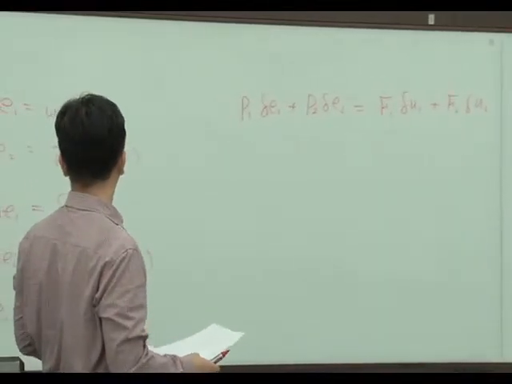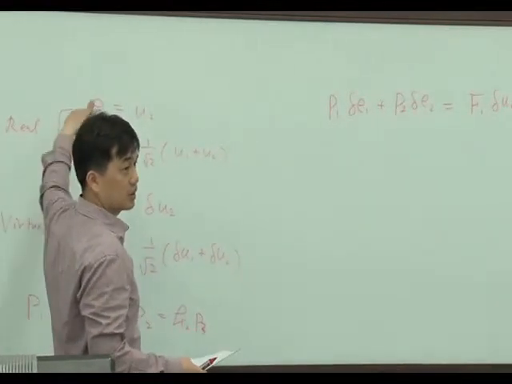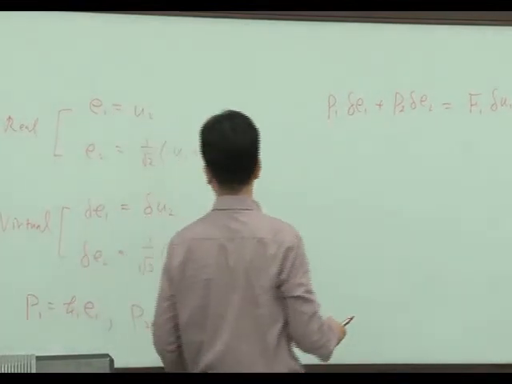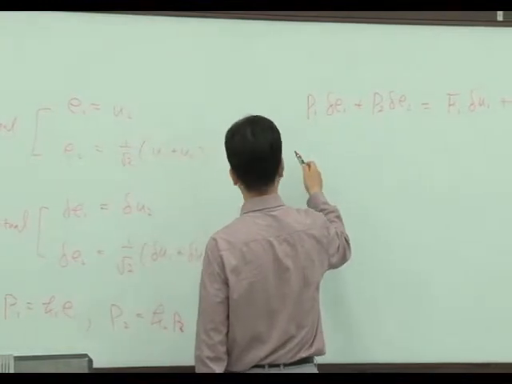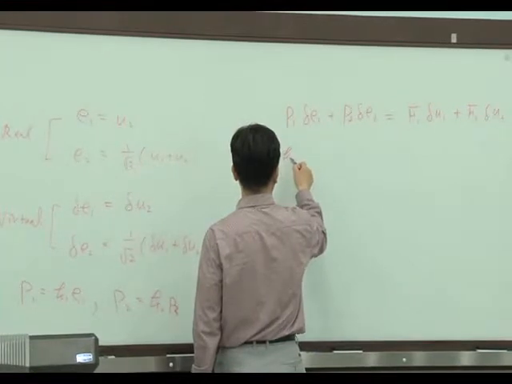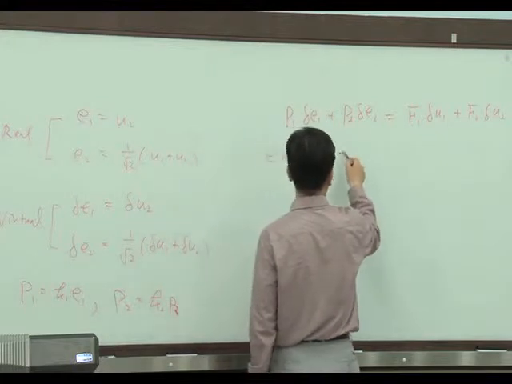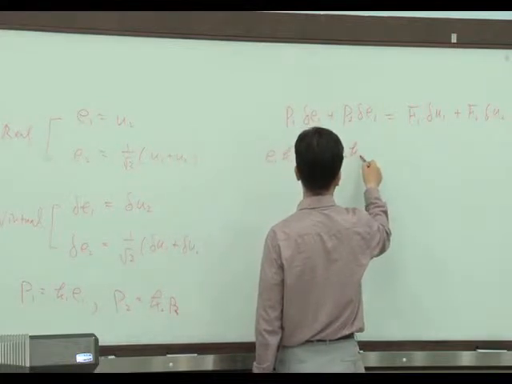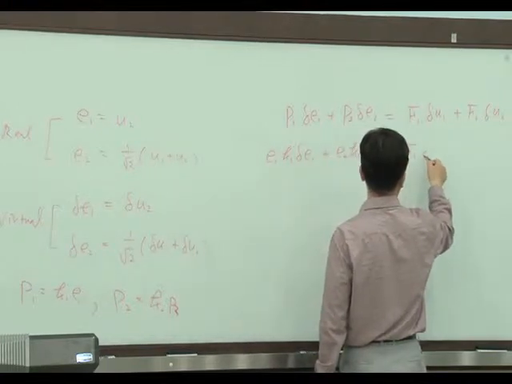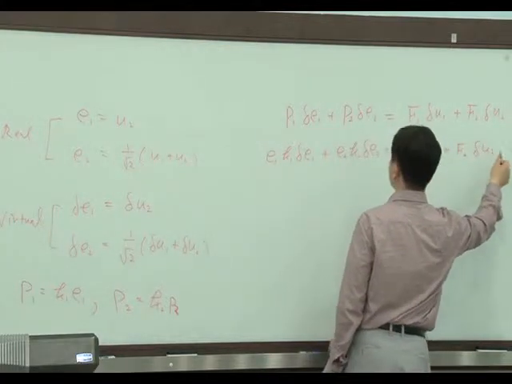Okay, now let's use all of these equations. Okay? Here P1 equals K1 E1, so this term becomes virtual E1 K1 E1 plus virtual E2 K2 E2, equals F1 virtual U1 plus F2 virtual U2.